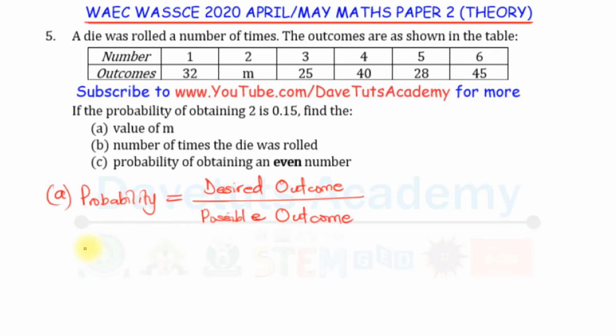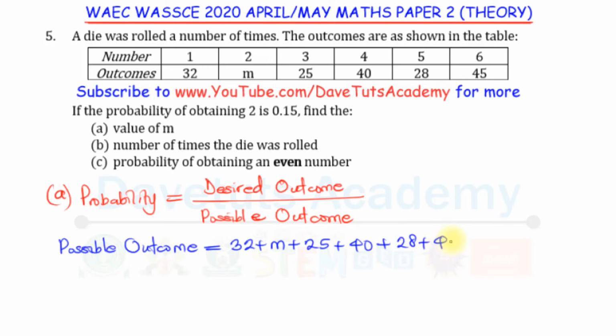So our possible outcome for this particular case is the addition of all the outcomes that we have, and that will be 32 plus m plus 25 plus 40 plus 28 plus 45.